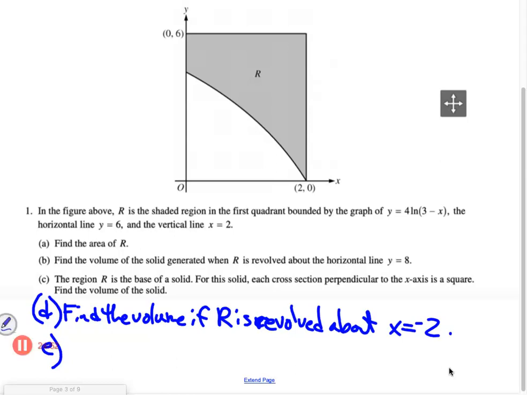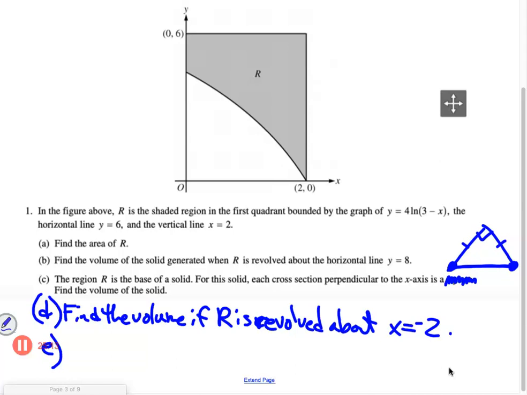Okay, so we're going to do: each cross section perpendicular to the x-axis is an isosceles right triangle where the hypotenuse is on the base. All right, so isosceles right triangle, hypotenuse on the base.